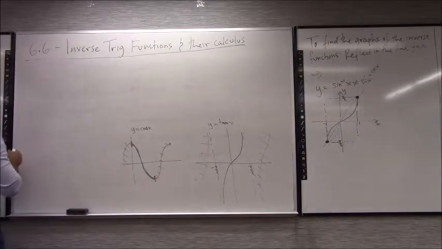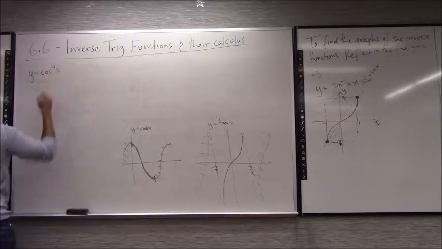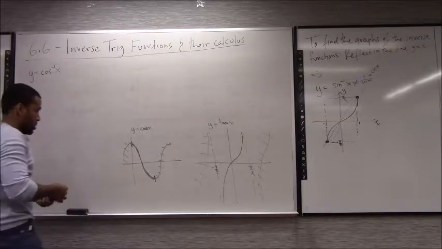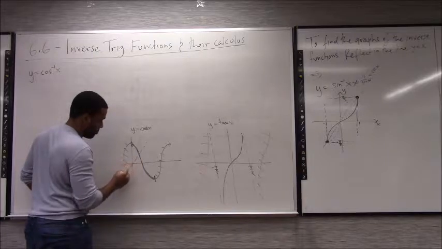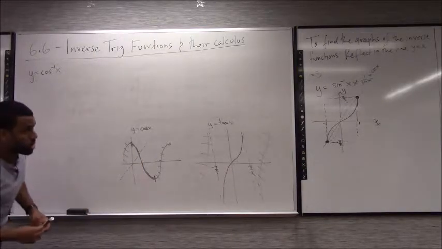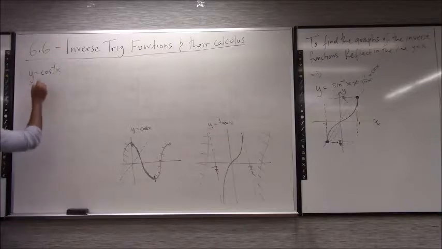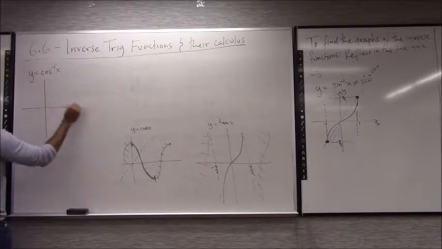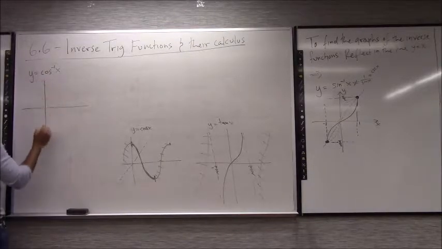You do the same idea with the cosine, let's actually be careful this time. Y equals cosine inverse of x. So you're going to basically draw the line y equals x. I wrote in the numbers. Okay. So what is that guy going to look like? Let's look at the limits on the grid.